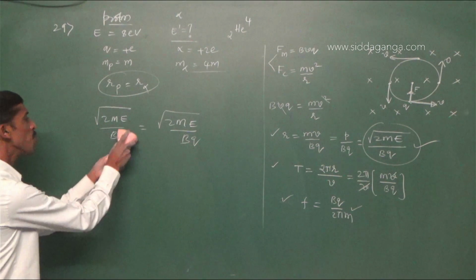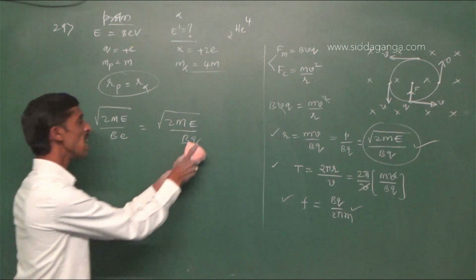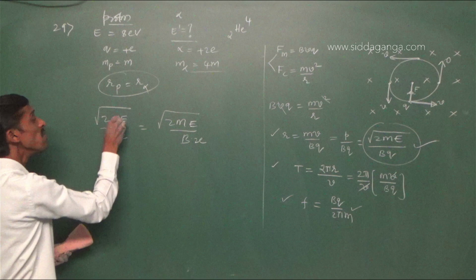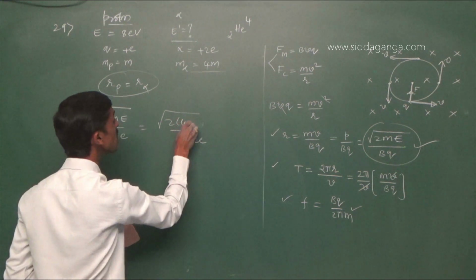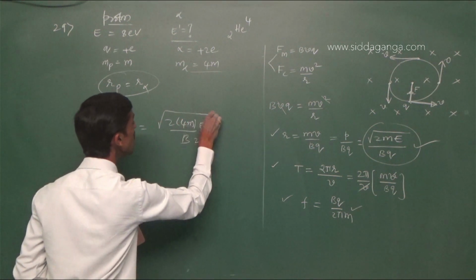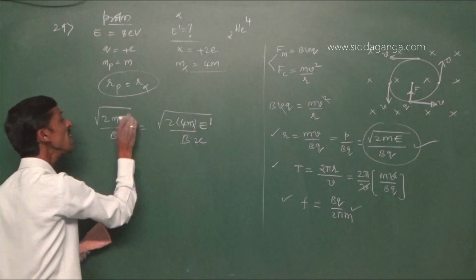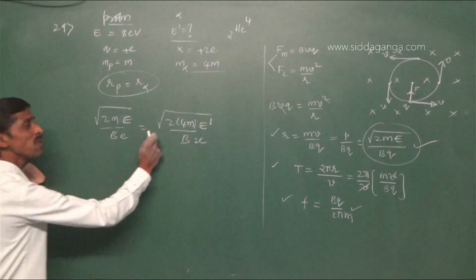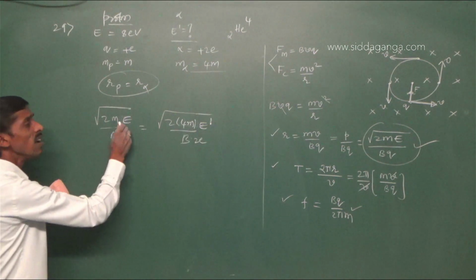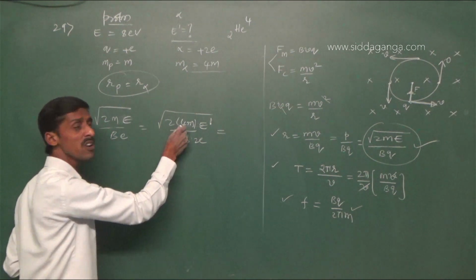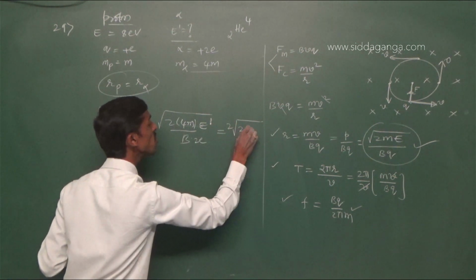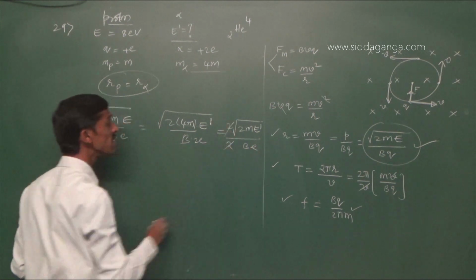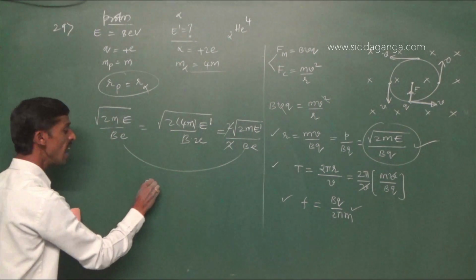You see, for a proton charge is e, for alpha particle charge is 2e, for a proton mass is m, for alpha particle mass is 4m. What is the energy of alpha particle if E is the energy of proton? If you observe clearly, under the square root 4 is there, so 2 square root of 2mE' divided by 2 into B. So 2 gets cancelled, these two are equal, so E' is equal to E.